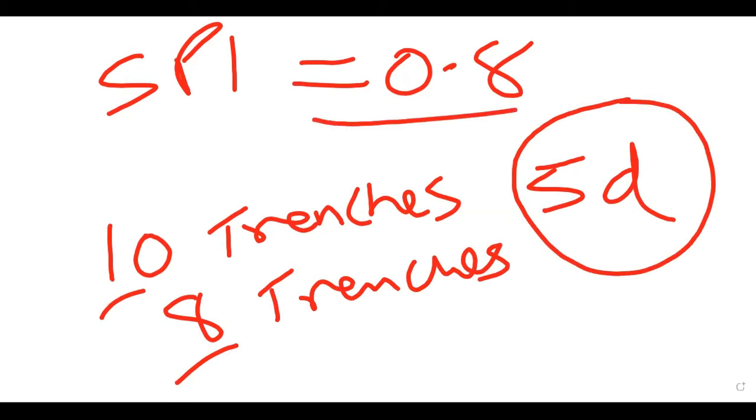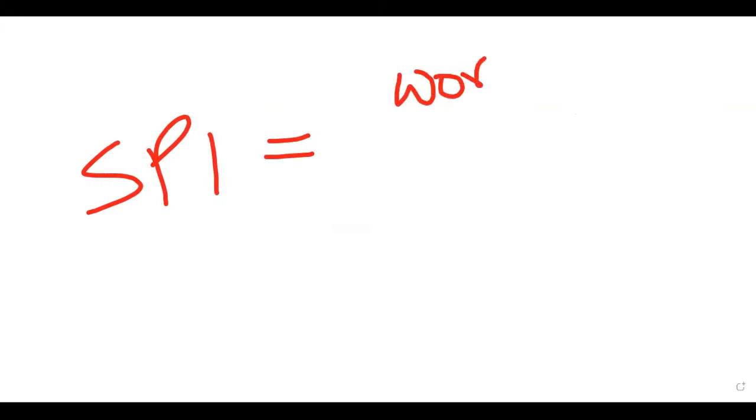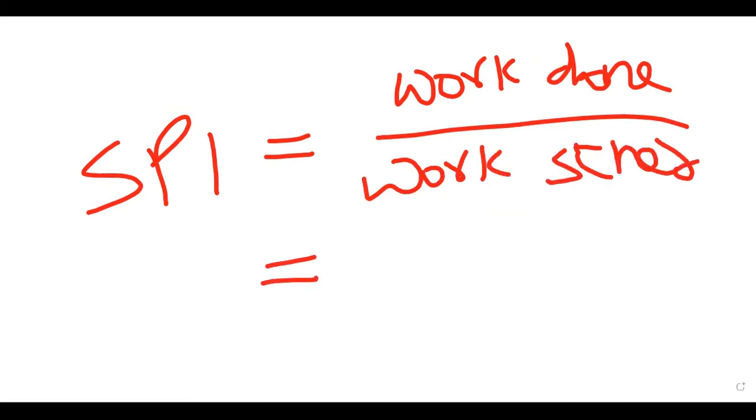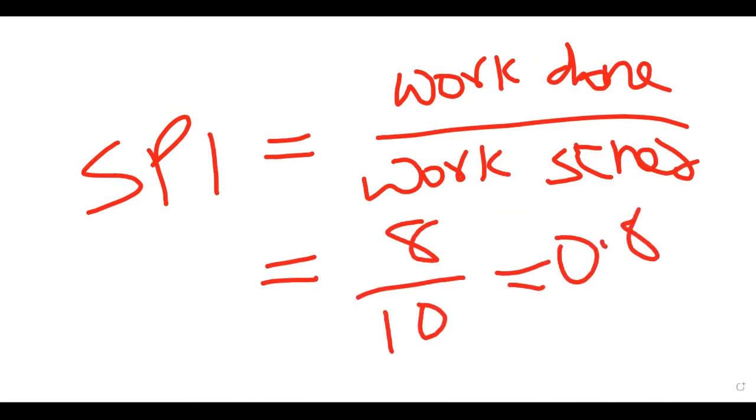That's what the SPI means. So the SPI, when you boil it down, is really looking at the work done divided by the work that you scheduled. See it? How many did I do? 8. How many did I schedule? 10. SPI is 0.8.